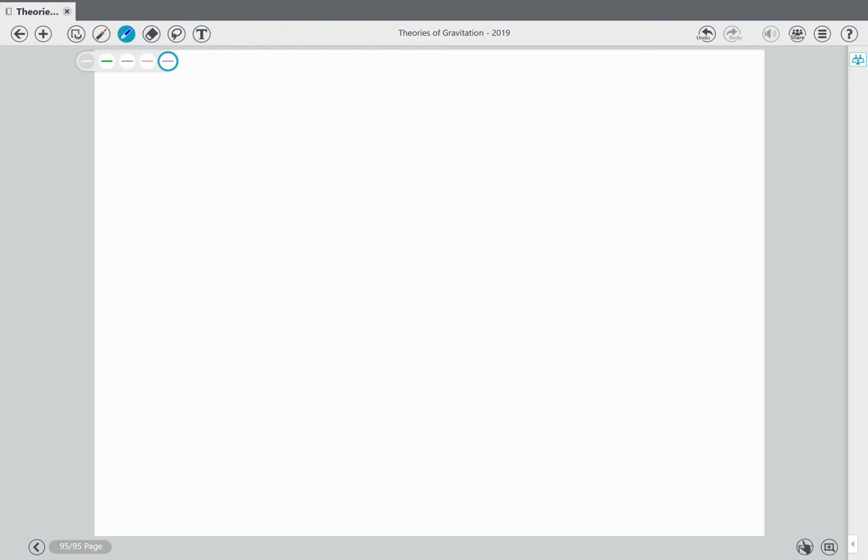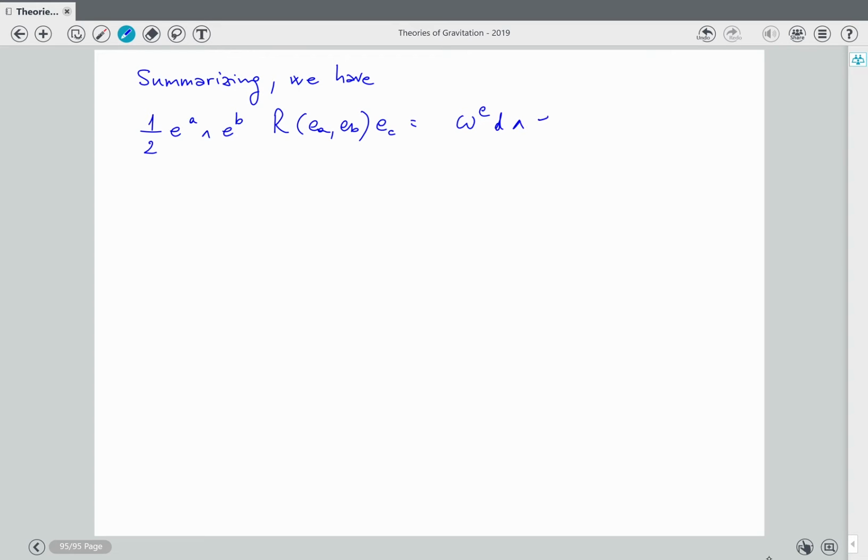So, summarizing, we have, well, this is what we wanted to compute. And that is something we could write like this.